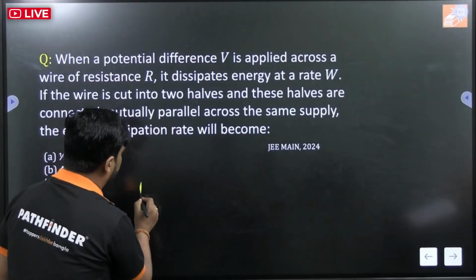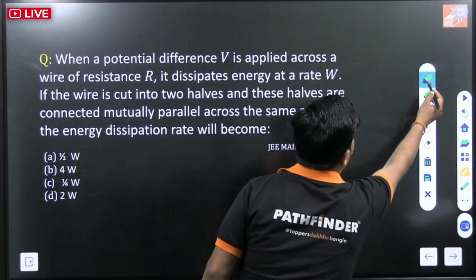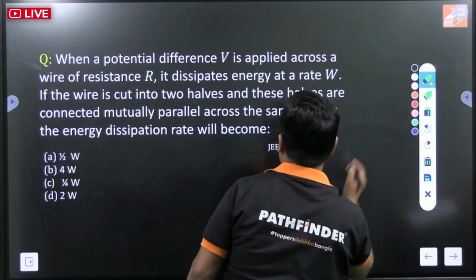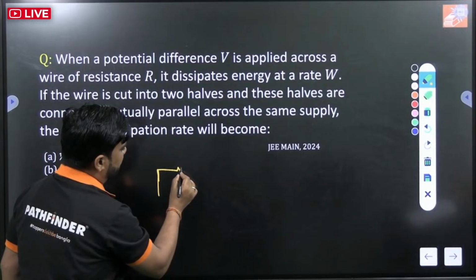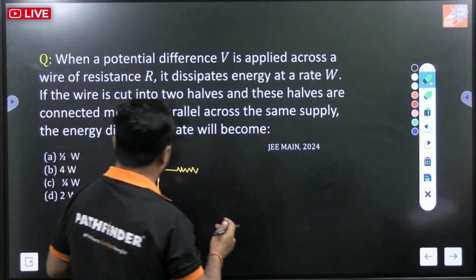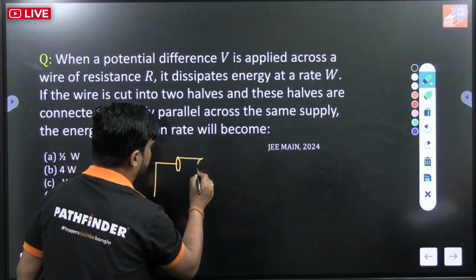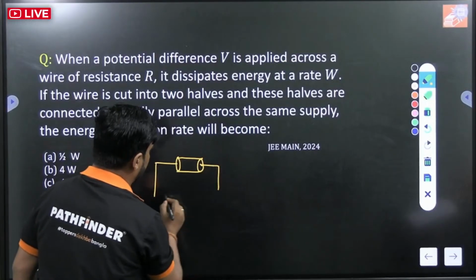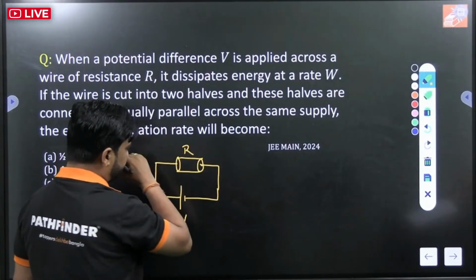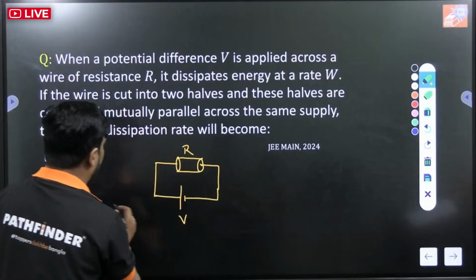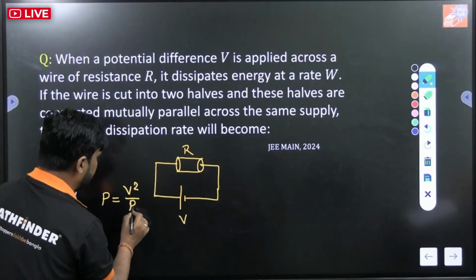Let me draw a very simple diagram to make you understand. Let's make a small diagram to explain. Let's say I took a conducting wire, okay, and connected it to a potential V. The resistance of this conducting wire is R. So what will happen? Power is equal to V square by R, right? And what is the value of P?